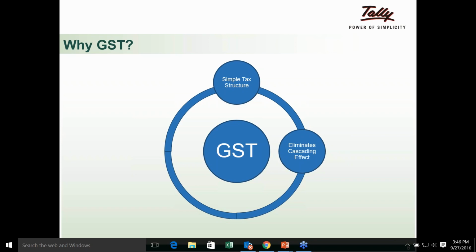Since I am not covered under excise, I don't have the eligibility of claiming input tax credit of this excise. So what happens here? Since I am not able to claim input tax credit of the excise, naturally this becomes a cost to me.